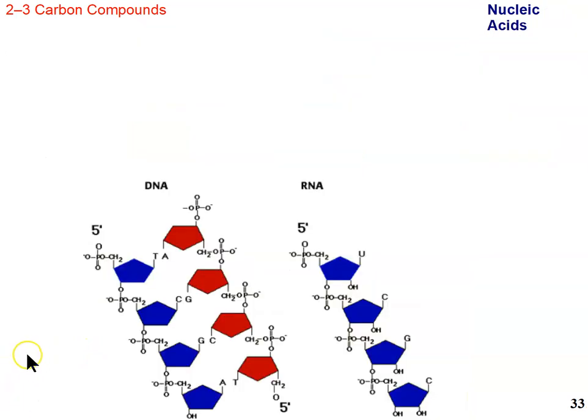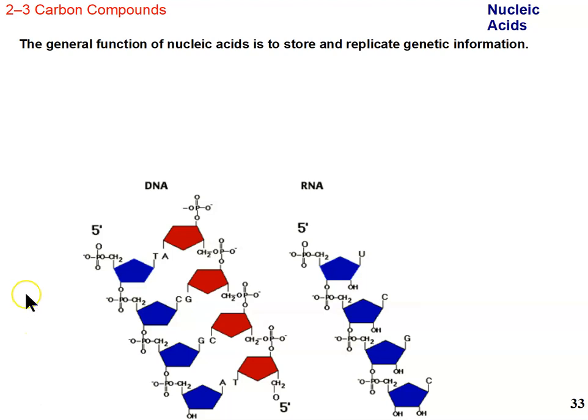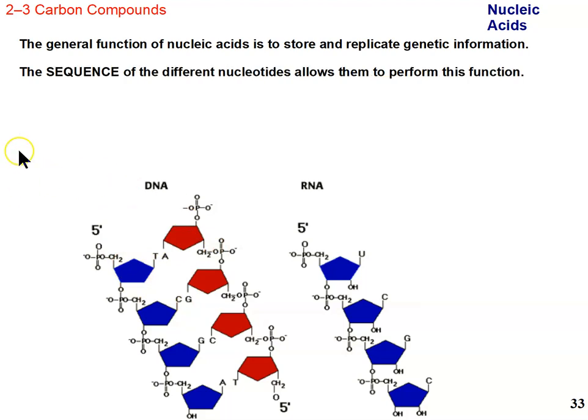What we're looking at on this slide are the primary 2 different kinds of nucleic acids. We've got DNA and RNA, and right off the bat you can see there's a difference between them. The general function of nucleic acids is to store and replicate genetic information, primarily DNA, and to use that genetic information.